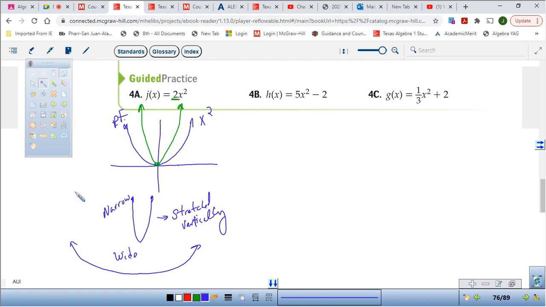So I like to think of a marshmallow. If you think about a marshmallow, it's kind of like this shape-ish. It's not perfectly round. But if I were to stretch it out here, wouldn't it become longer? All right, so we stretch it vertically. This one here is what?